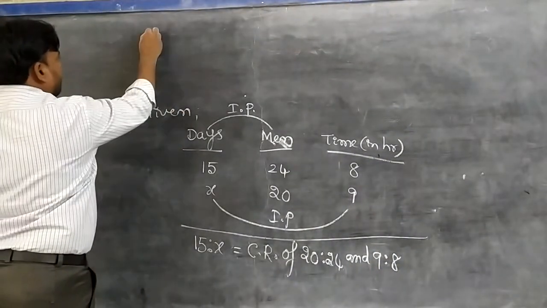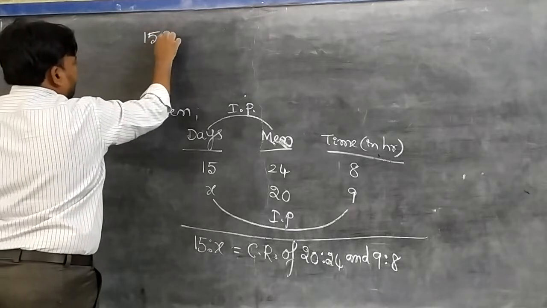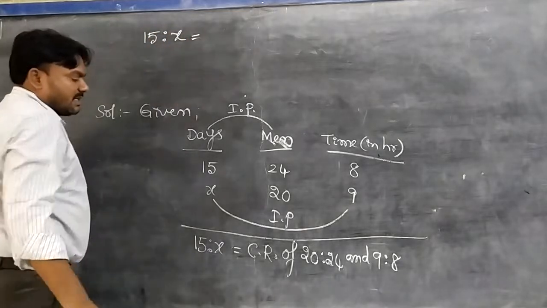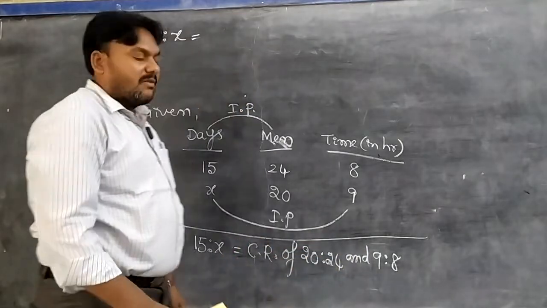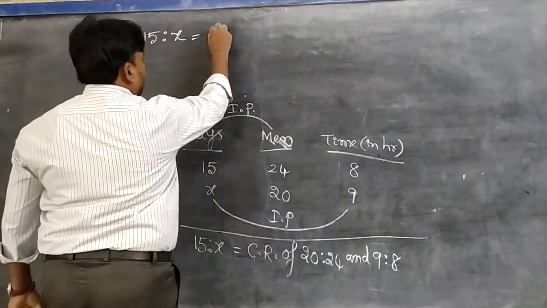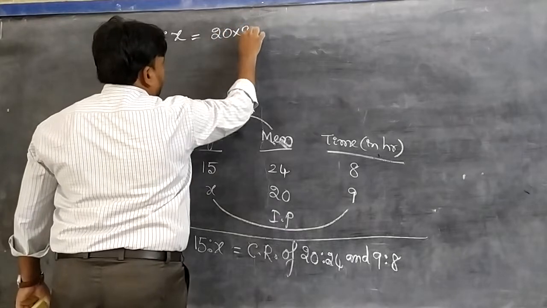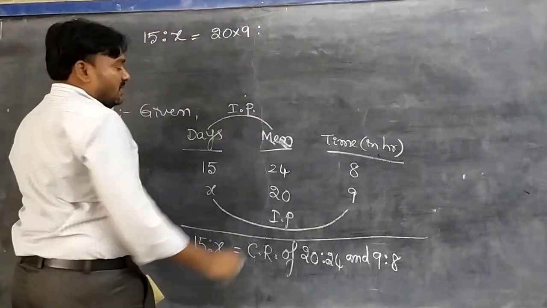Right. Next one. 15 is to x equal to. CR means product of antecedents to product of consequents. So 20 into 9 is to 24 into 8.